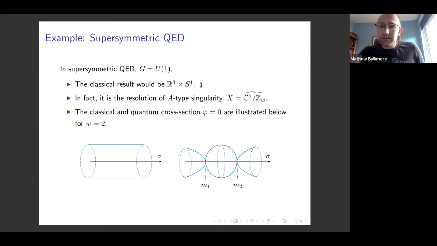That's the classical result. But if you take into account the quantum mechanical corrections, which are just one loop in this case, then the correct result is that the Coulomb branch is actually a resolution of an A-type singularity, a Kleinian singularity. So you take C2, you take the orbifold C2 mod Z_N, and then you resolve it.